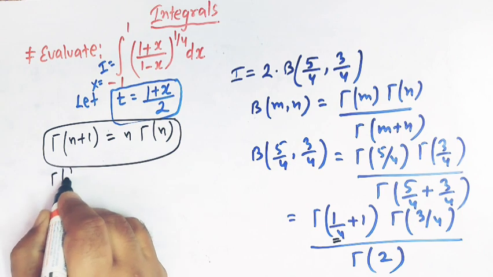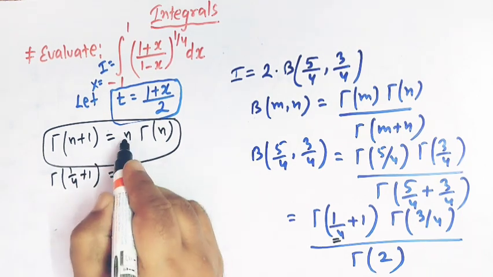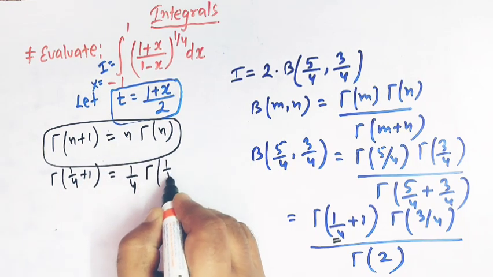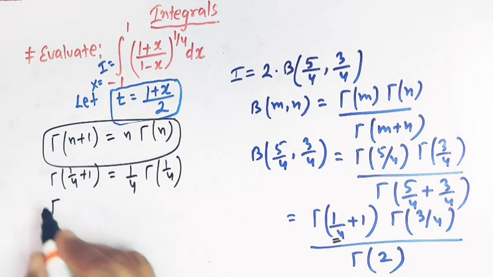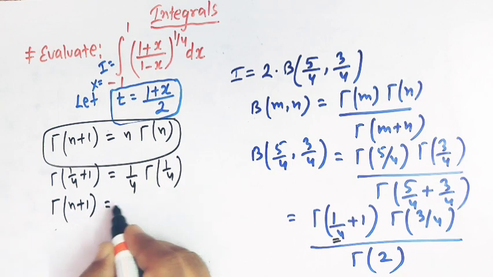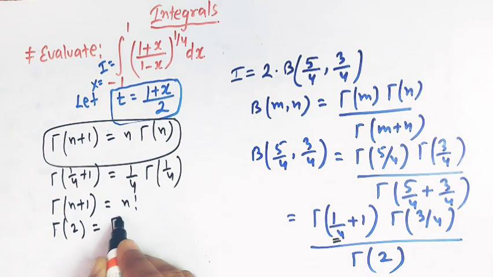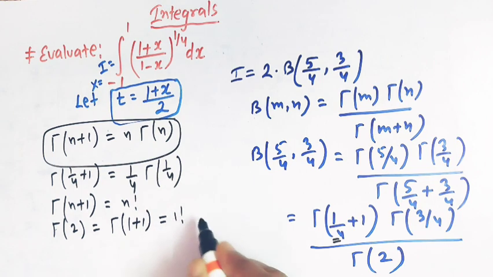So gamma of 1 by 4 plus 1 is equal to 1 by 4, because n is equal to 1 over 4, times gamma of 1 over 4, right? And we also know that gamma of n plus 1 is equal to n factorial. So gamma of 2 can be written as gamma of 1 plus 1, that is 1 factorial. 1 factorial is 1, right?